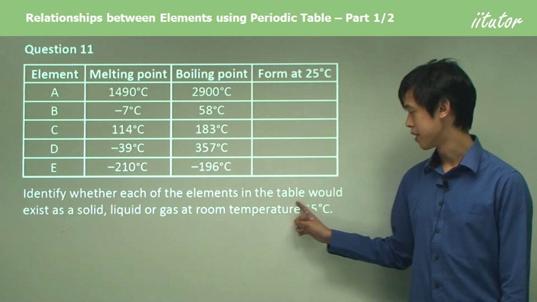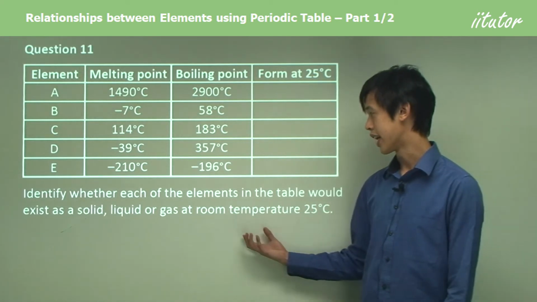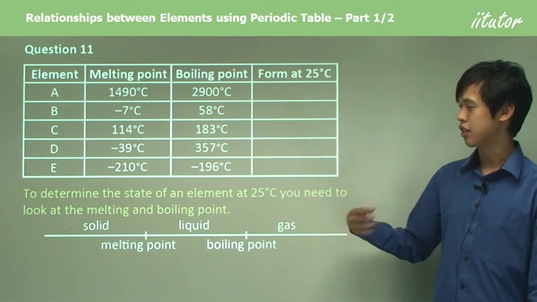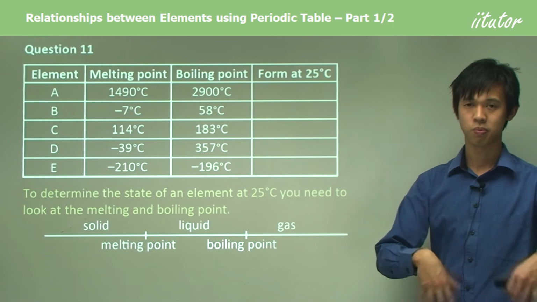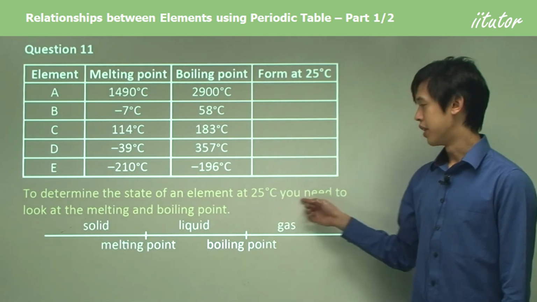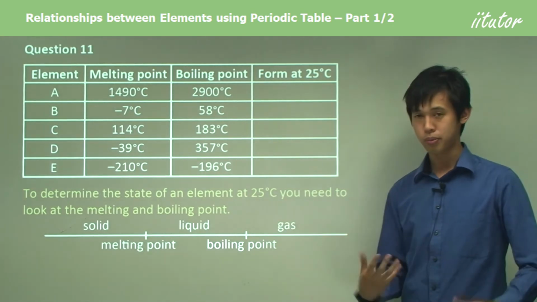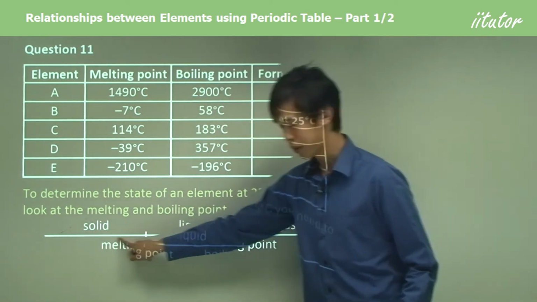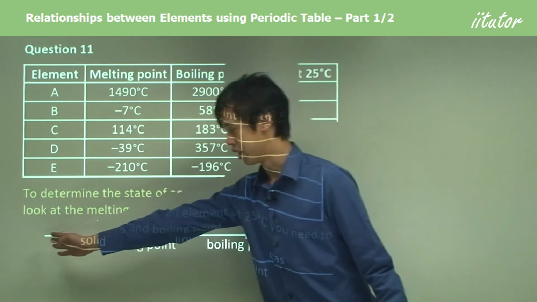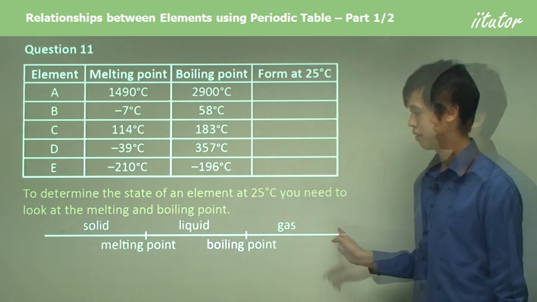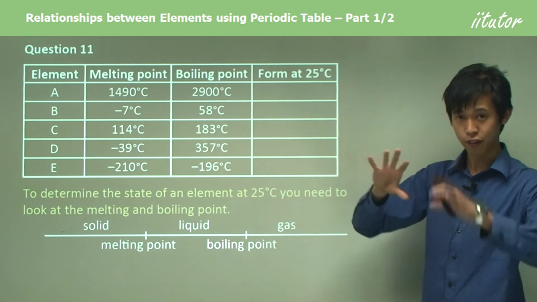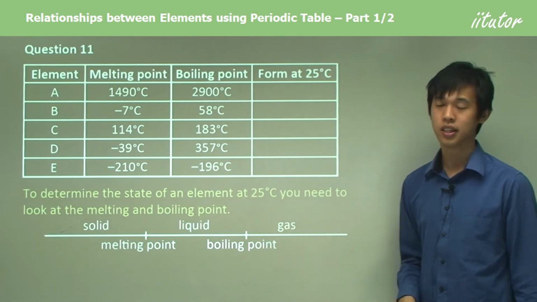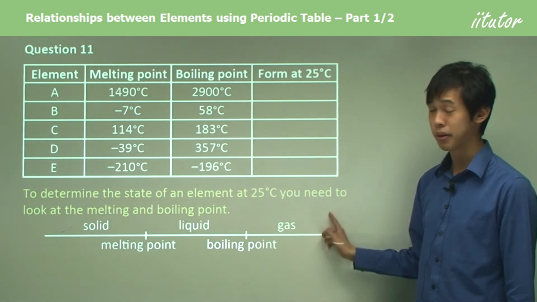Identify whether each of the elements in the table would exist as a solid, liquid, or gas at room temperature. So room temperature is 25 degrees Celsius. To determine the state of an element, so what phase it's in, you need to look at the melting and boiling point. You may or may not know this already, but if this line indicates temperature, and this is a low temperature and this is a high temperature, if the temperature of the environment exceeds the boiling point, so it's bigger than the boiling point, then that element will be a gas.